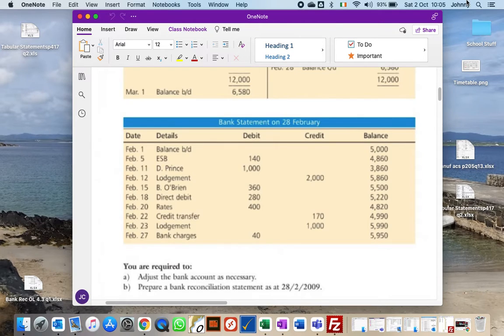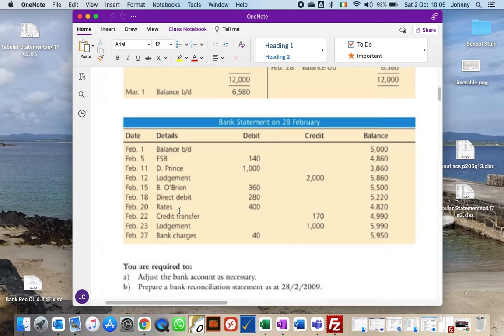In this case, we have just a couple of things to make sure we understand. A direct debit is when the bank pays a bill automatically for us. A lodgement, I presume you understand what that is. B. O'Brien, that's going to be a check. Businesses, when they're paying bills, tend to pay most of the time by check because there's a paper record. They don't give cash for it.